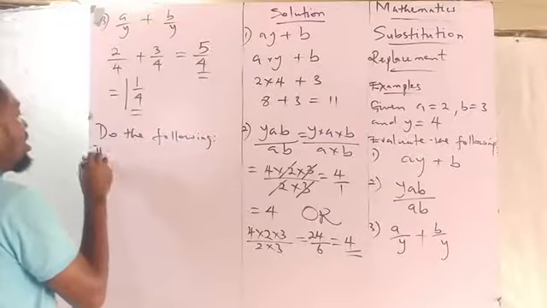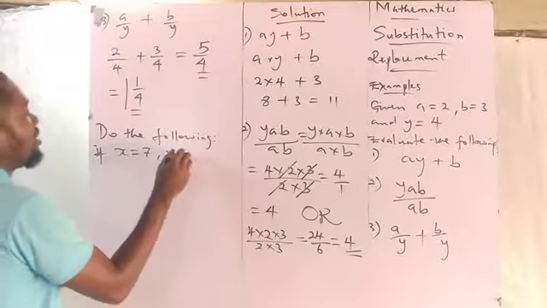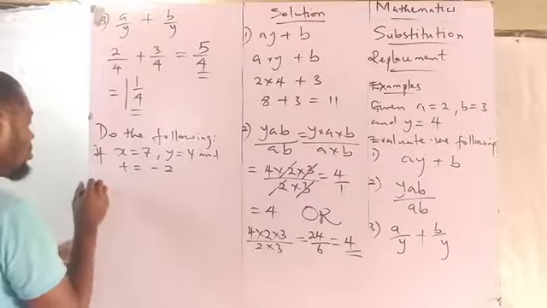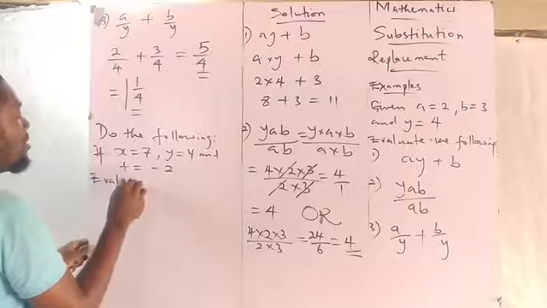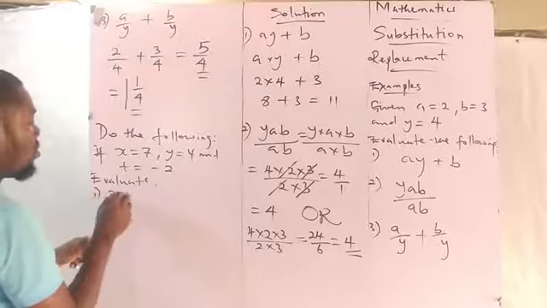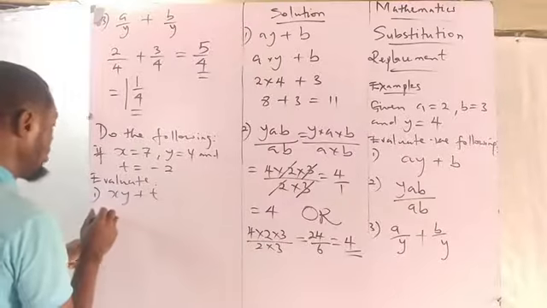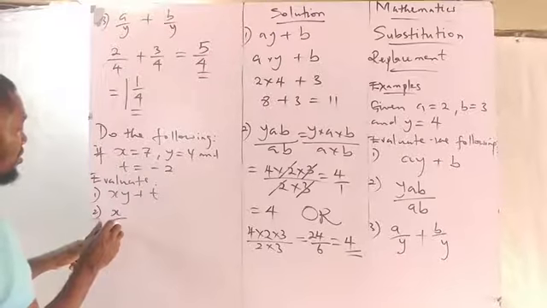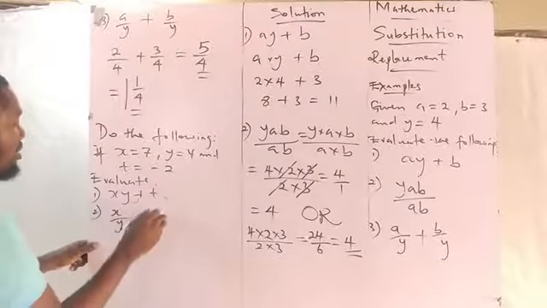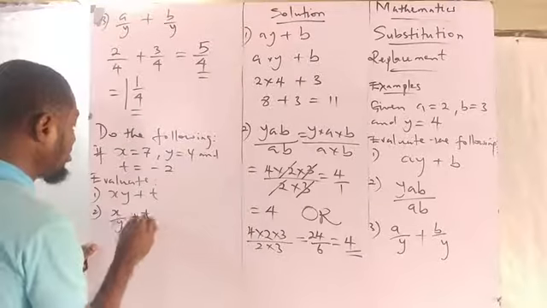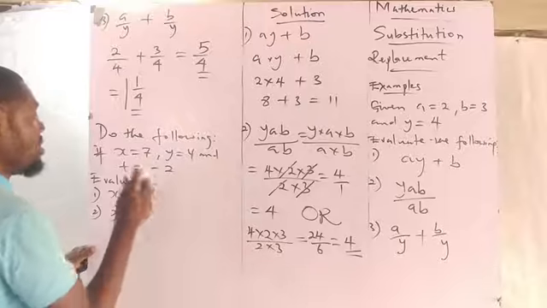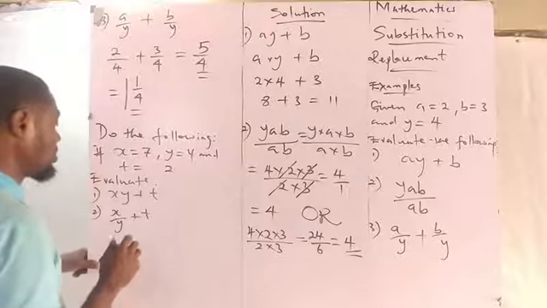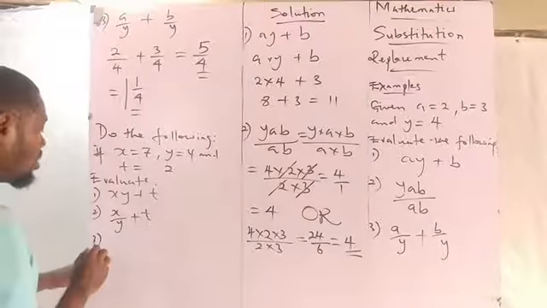Do the following. If x is equal to 7, y is equal to 4, and t is equal to 2, not minus 2, so that some of you will not get it wrongly.